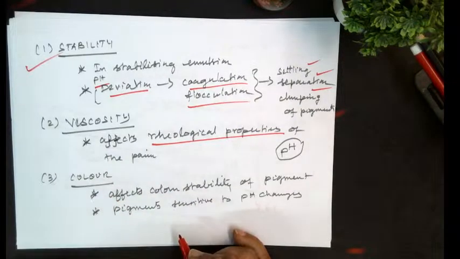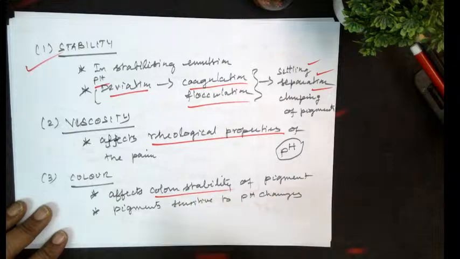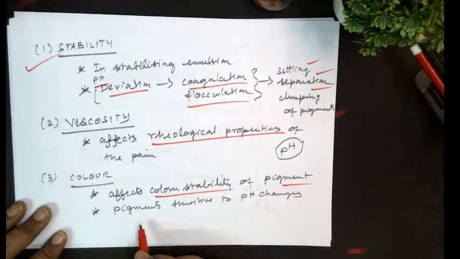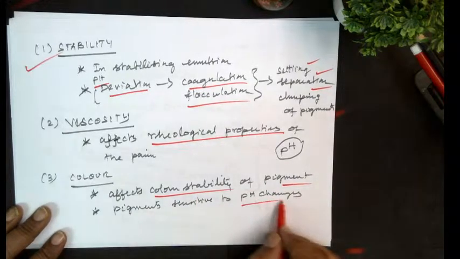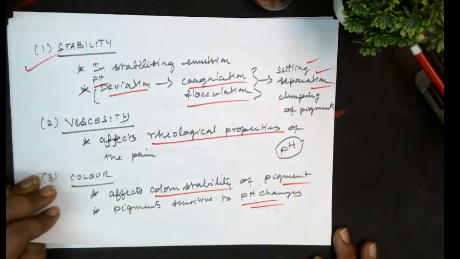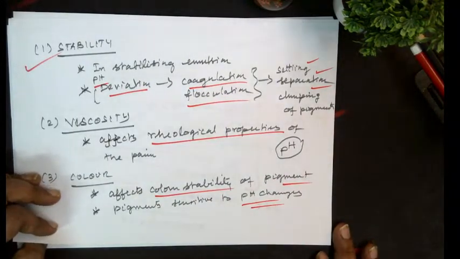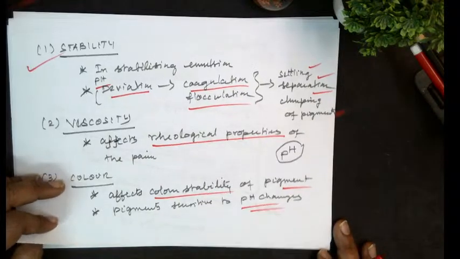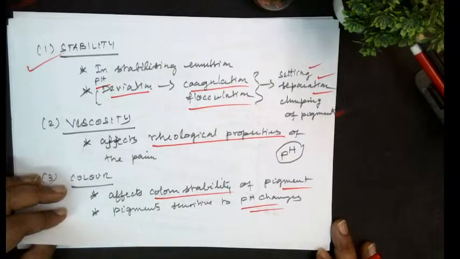Why? Because it affects the color stability of the pigment, and pigments are very sensitive to pH changes. Any change in pH will affect pigment stability, and there will be some discoloration, and you will not get the expected color.